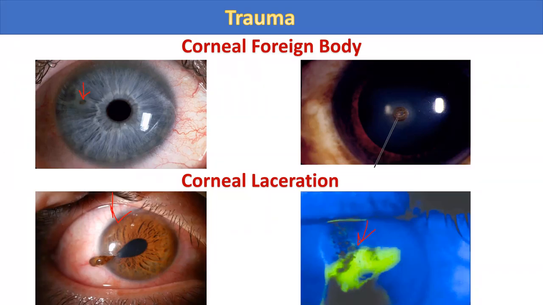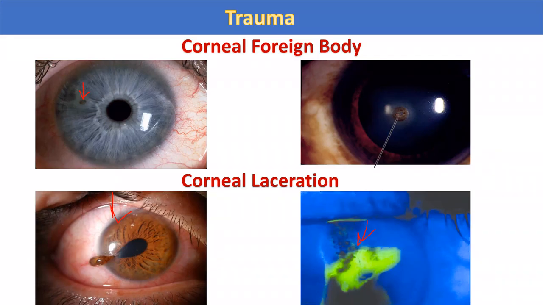meaning that there is a perforation of the globe here. So those patients should be admitted to the OR, and should receive topical antibiotics, which is advocated by some, but some say they should only receive systemic antibiotics, with follow-up or with admission to the OR. Until admission of the patient to the OR, you use patching or a bandage contact lens as needed.